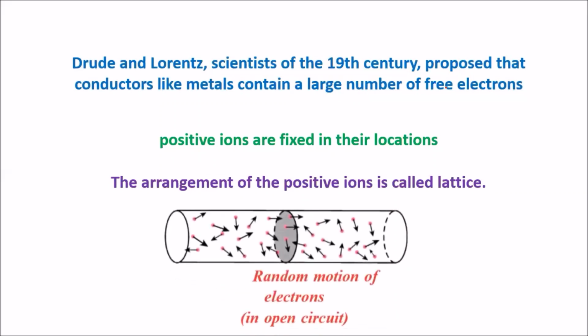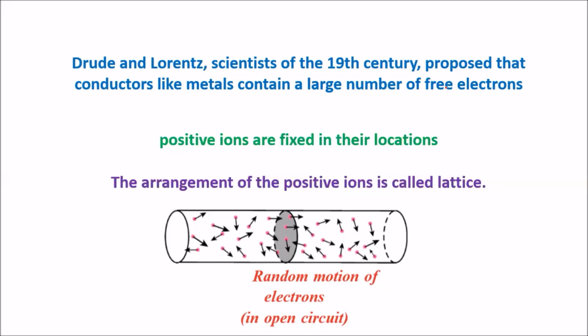You can observe this diagram where conductor and all those rose color particles are free electrons. You can see the random motion of electrons in open circuit. We have two types of circuits, open circuit and closed circuit. These are free electrons in conductor of open circuit. And in middle you can observe that is area of cross section.